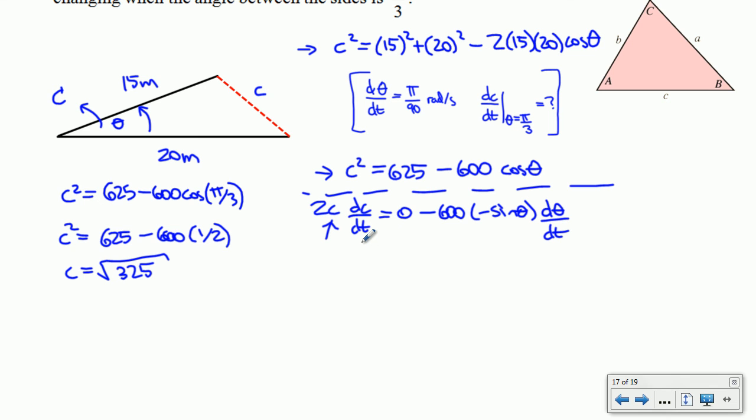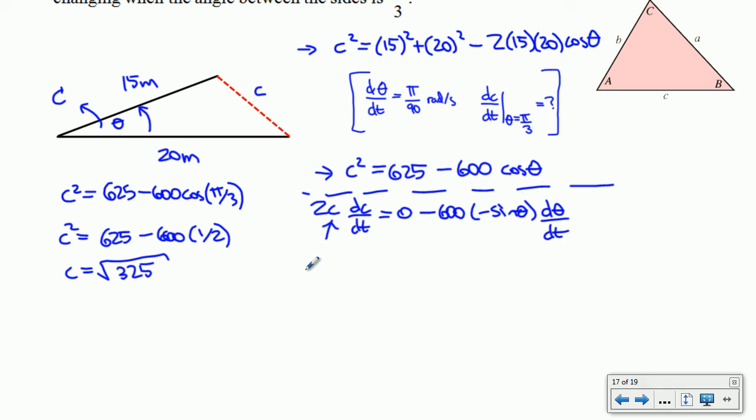We need to figure out what dc dt is, so we need to isolate for that. We can figure out what sine of theta is because we know what theta is. And sine at pi over 3 is root 3 over 2 based on our unit circle. And we know d theta dt is pi over 90.